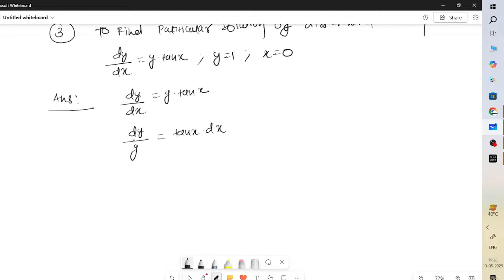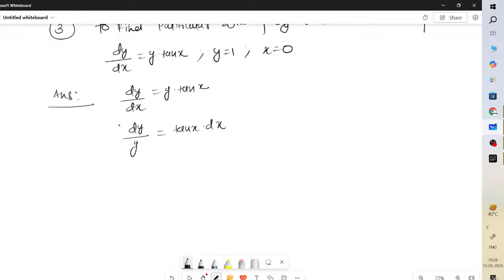Now we integrate both sides. So what is this? This is the integration of dy by y, and the integration of 1 by y with respect to y is log of y, and what is the integration of tan x?